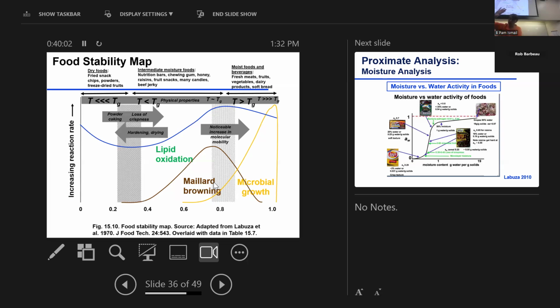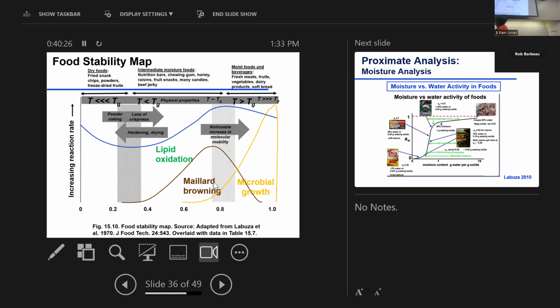So you need to orient yourself. And then you have those three colored lines. You have lipid oxidation in blue, Maillard browning in brown, and microbial growth in yellow. And then you have the changes in physical properties.